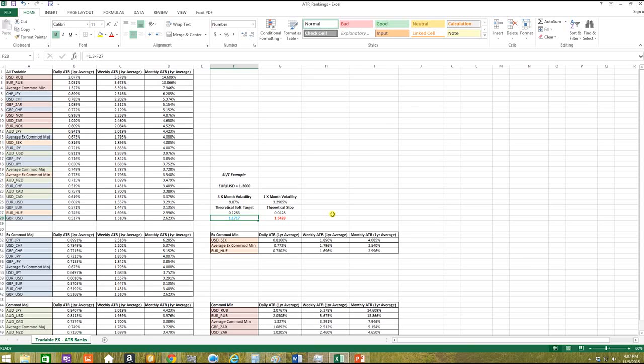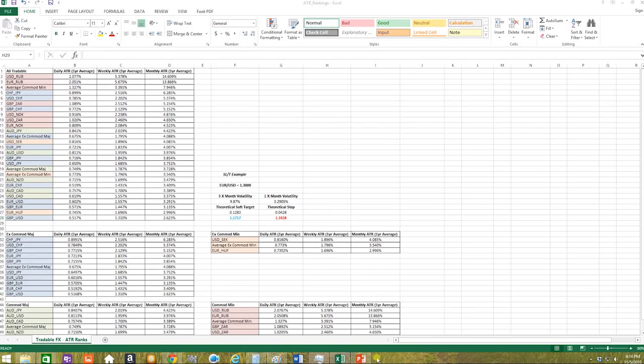And then you've got enough room to maneuver, to add to the position and create a situation, by rolling the stop loss, where you have a free trade.